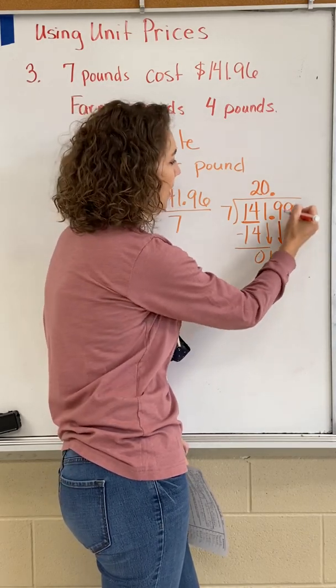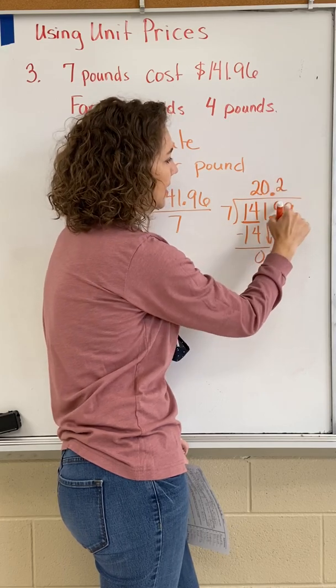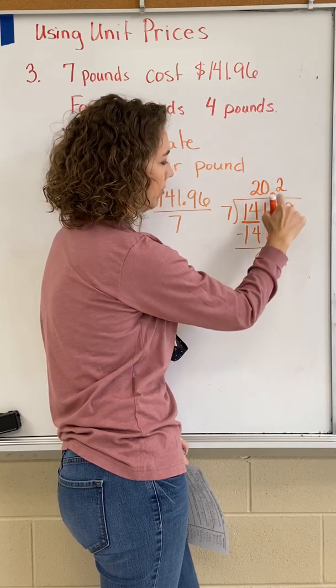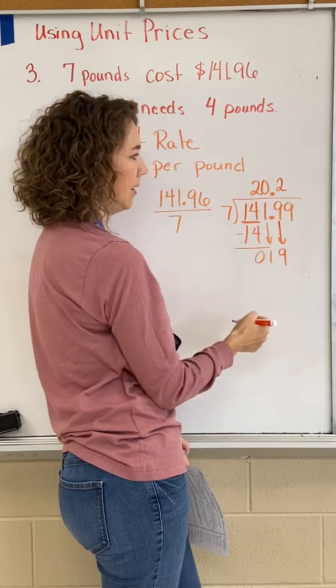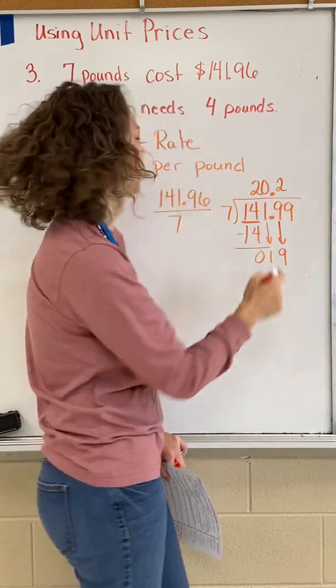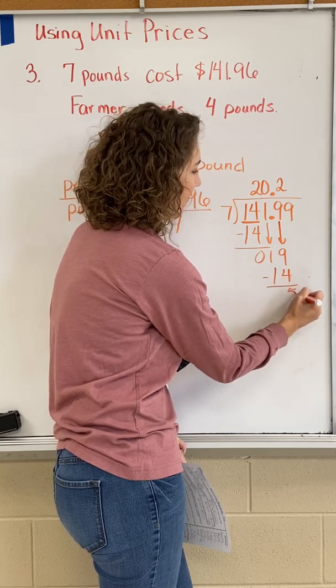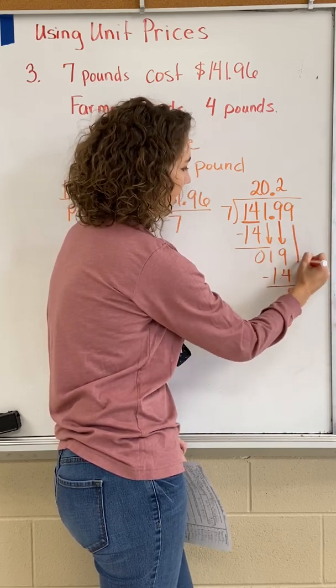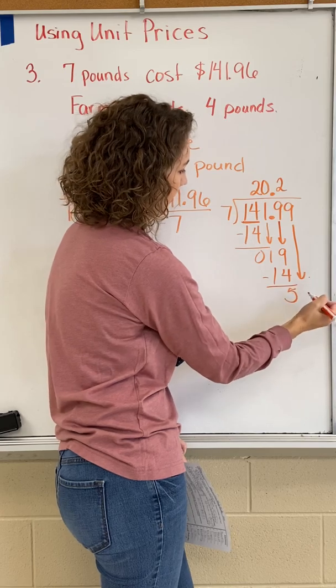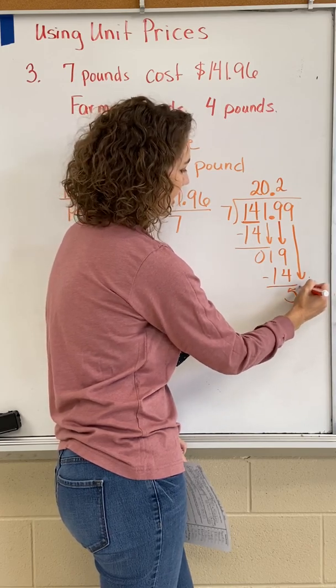When I write my 2, it's going to go over this 9 that I dropped down, which is behind the decimal. That's where I want it to be. 2 times 7 is 14. Subtract and I get a 5. Bring down the next digit, which is a 9.